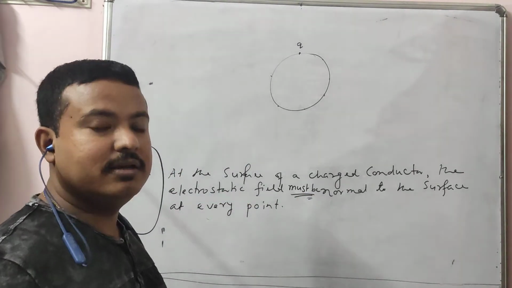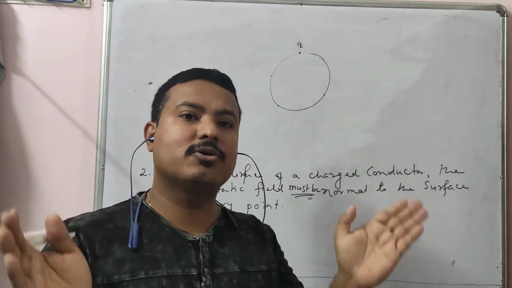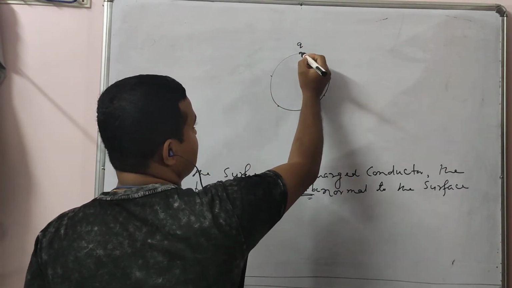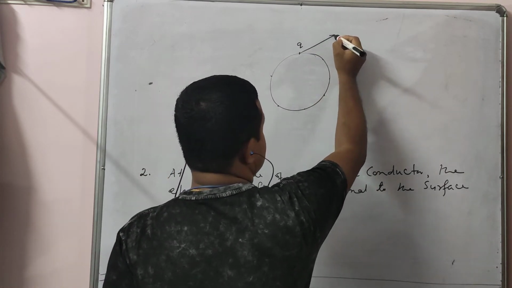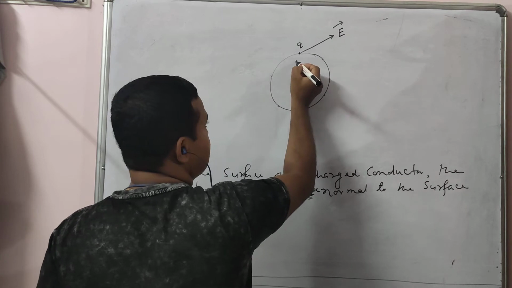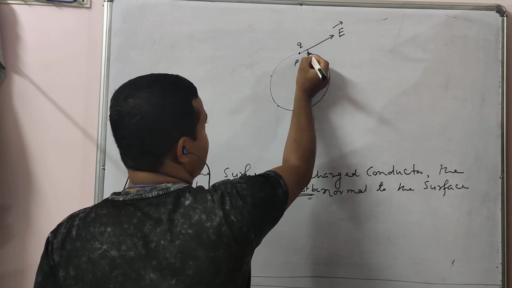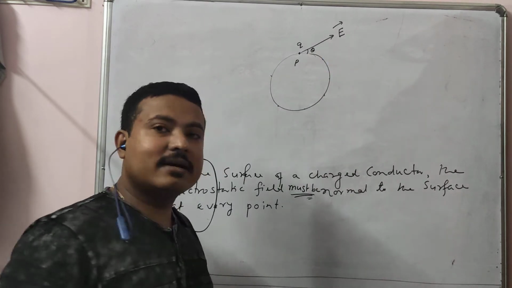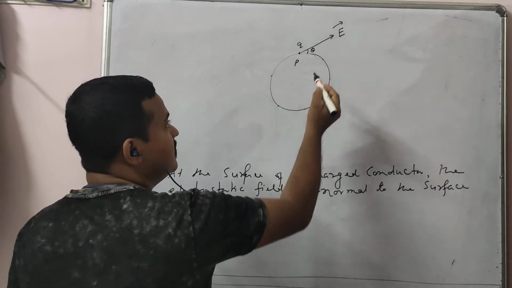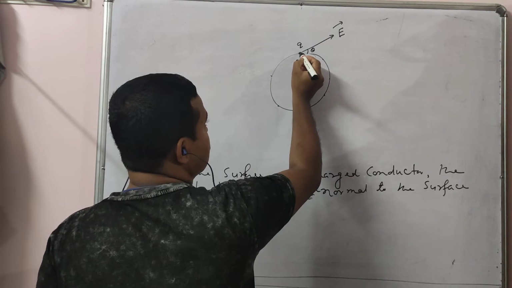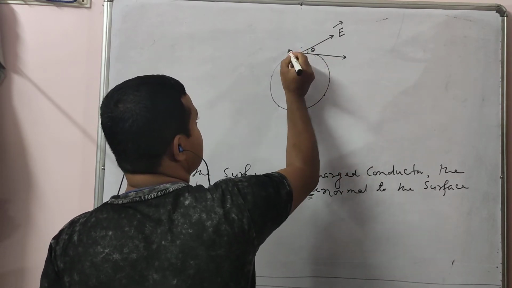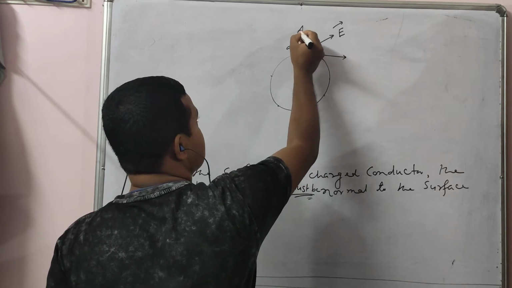Now let us see, if it is not normal, then what would happen? Suppose here an electric field exists and, say, at this point it is inclined at some angle. This electric field has two components, one along this direction, another along this direction.